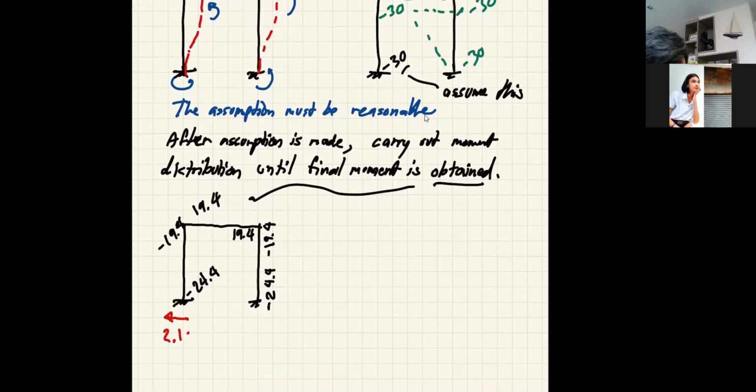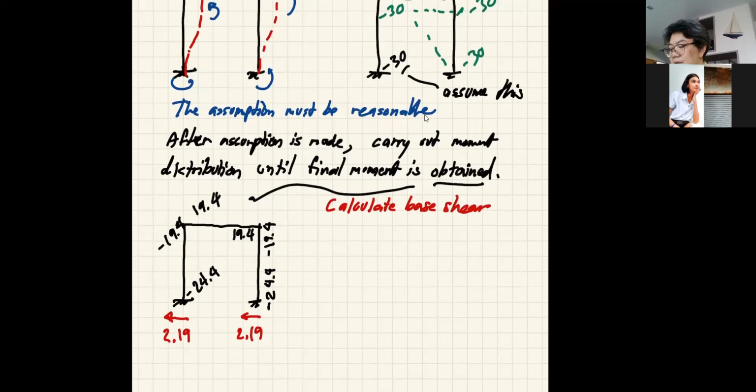2.19 and then 2.19. Calculate the base shear. So now you have 2 of 2.19. So what does it mean?